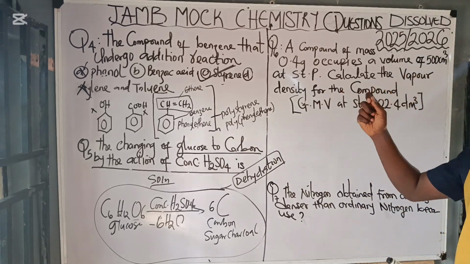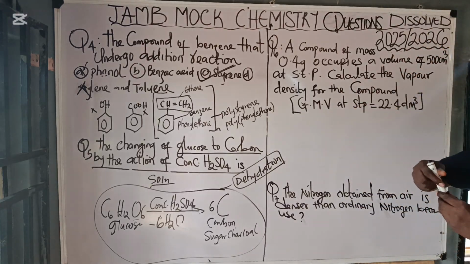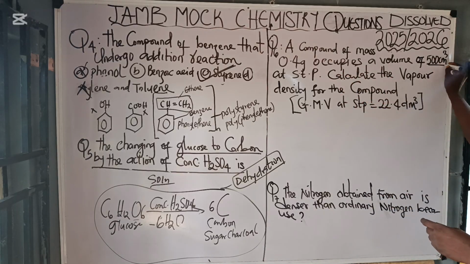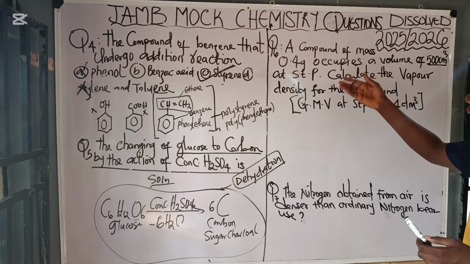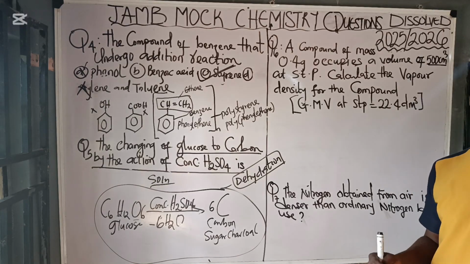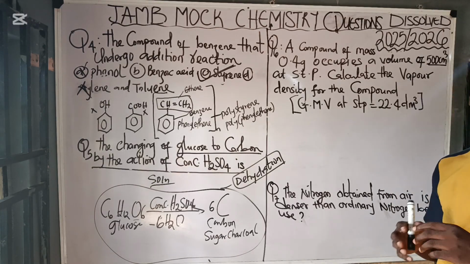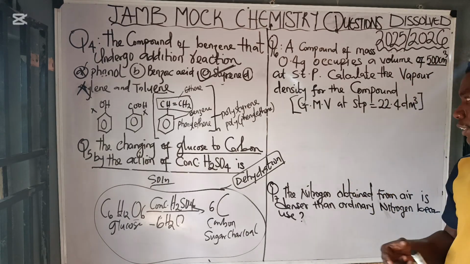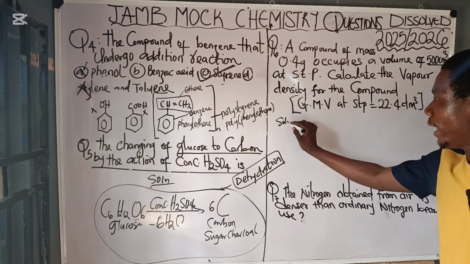Question number 6. A compound of mass 0.4 gram occupies a volume of 500 cm3 at STP. Calculate the vapor density for the compound. How do we calculate vapor density when the volume of the gas is given? Very easy. Take a look at this.